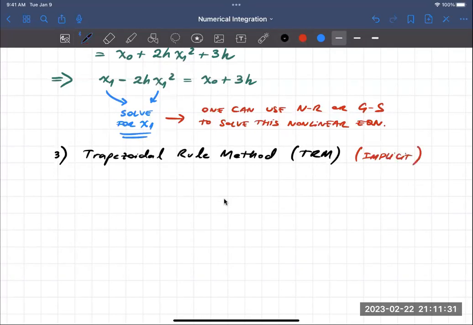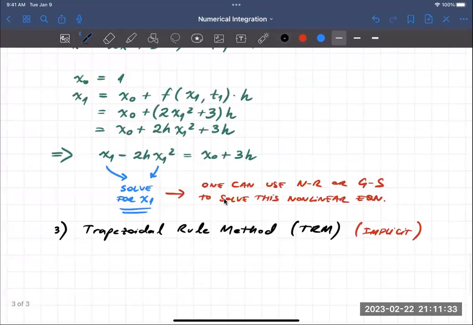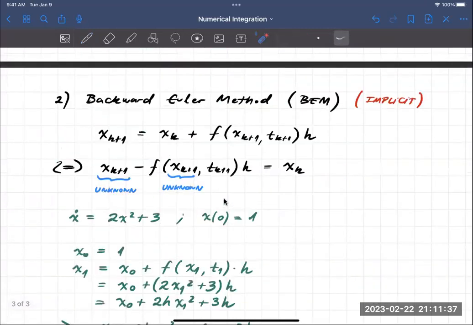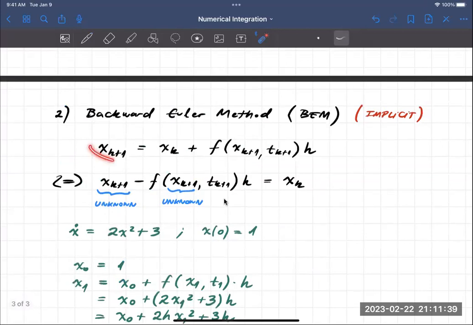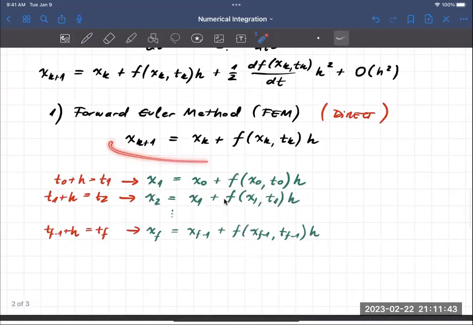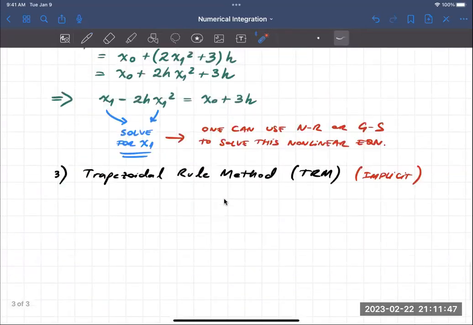So you can take this trapezoidal rule method as the average between the backward Euler method and the forward Euler method. You can say that. So it's simply basically the average between those two.